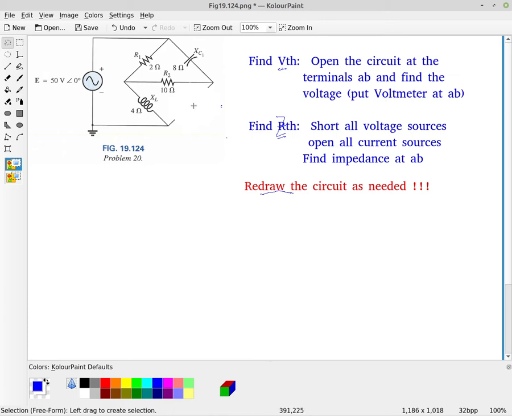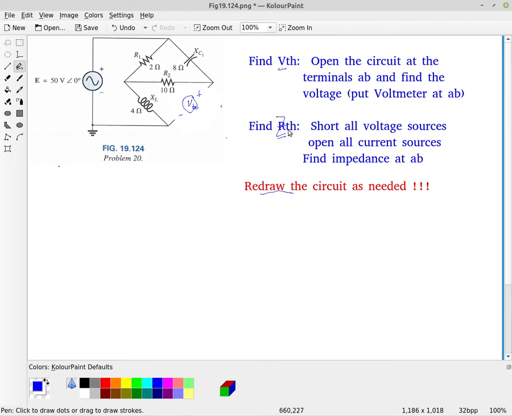When you do the lab, that's one of the things they'll have you do, simply open the circuit and measure that voltage. So effectively we'll put a voltmeter here and measure this voltage, and this is going to be V Thevenin.